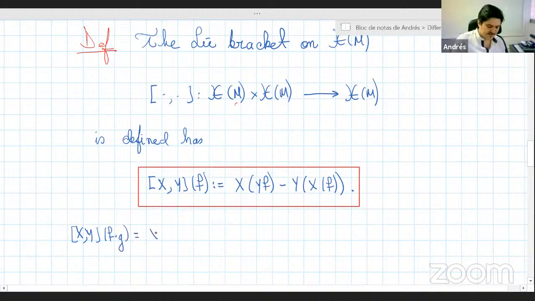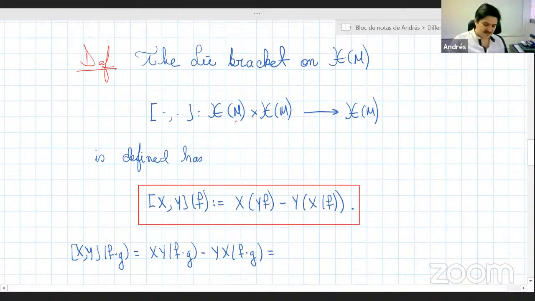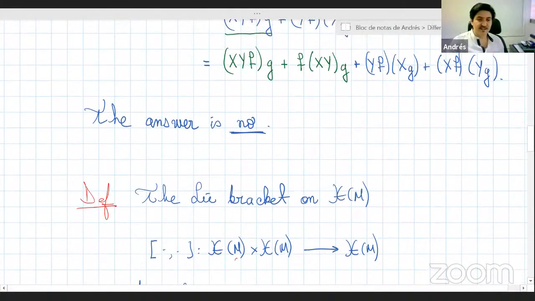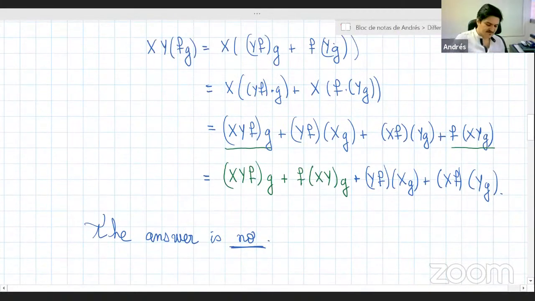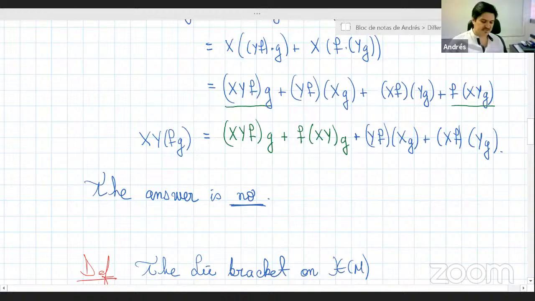So what is this? This is [X,Y] on f times g, minus Y times X on f times g. Okay? And let's just replace what we computed here. Remember that this is this, right? So let's replace this.